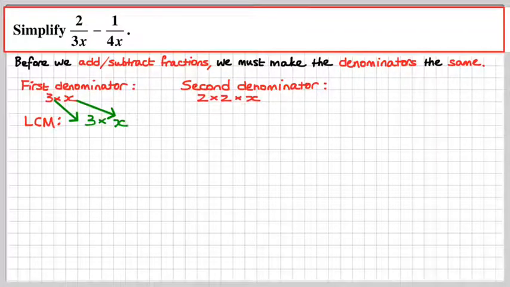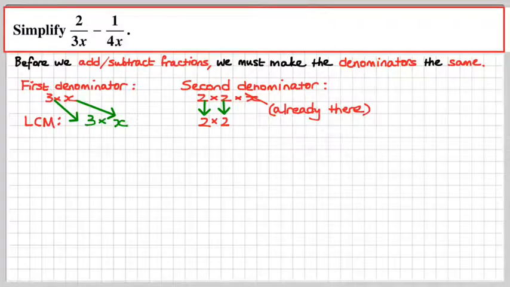Now from the second term we say, alright, we haven't got a 2, so we'll put that down, and we haven't got a second 2, so we can put that one down, but we do have an x. There's an x already there, so we don't put that x down. It's already represented in the LCM, right? So that's the end of the line, and our LCM is 3 times x times 2 times 2, which is 3 times 4, which is 12 times x.